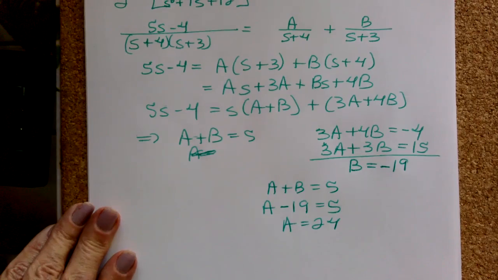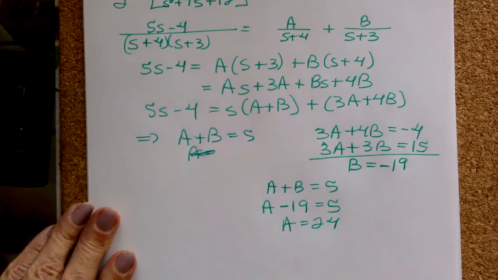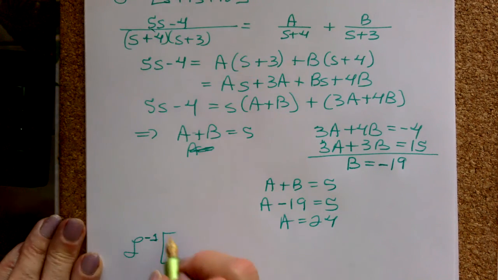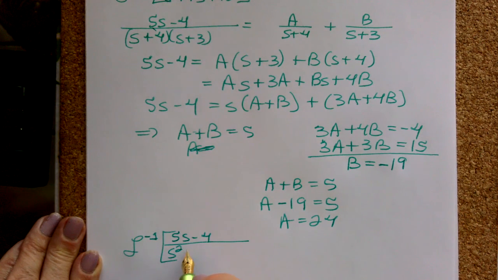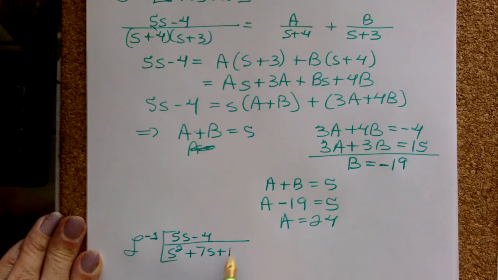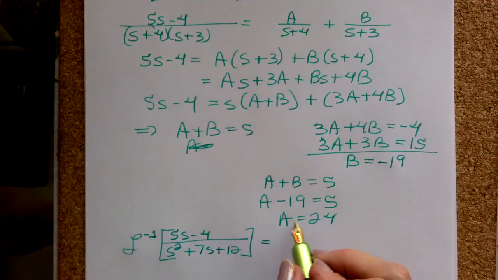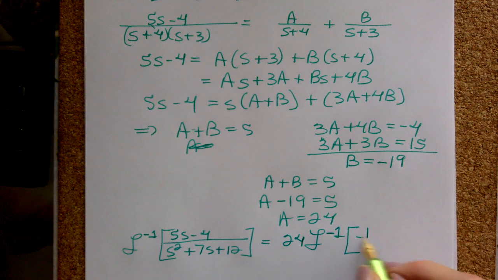Okay, so we want to find the inverse Laplace transform of this expression. Using this decomposition, we're going to have 24. I'm going to put the 24 out in front because the inverse Laplace transform is linear, times the inverse Laplace transform of 1 over s plus 4.